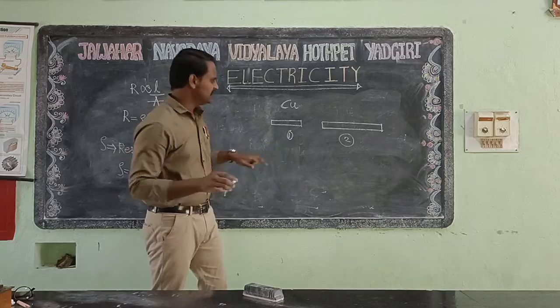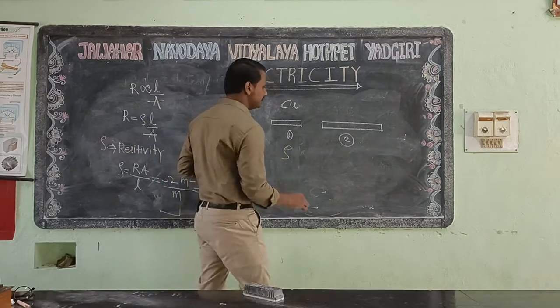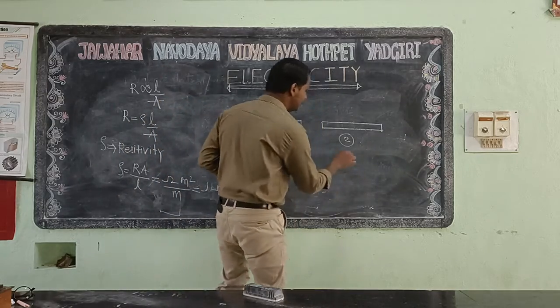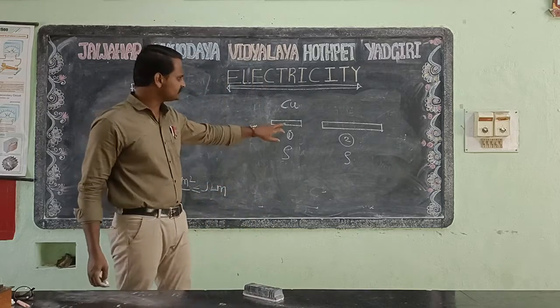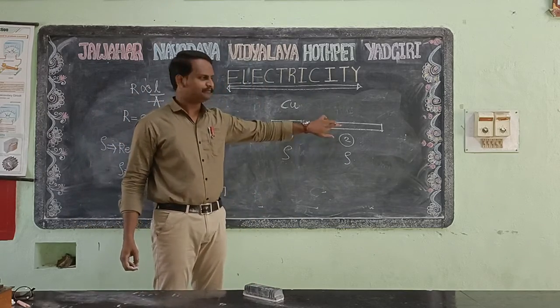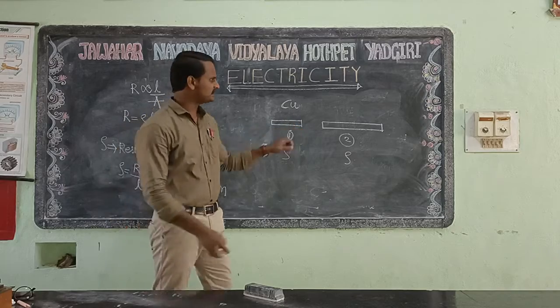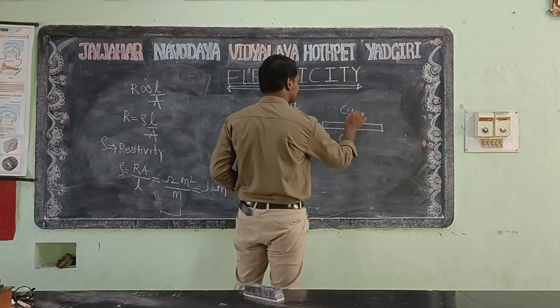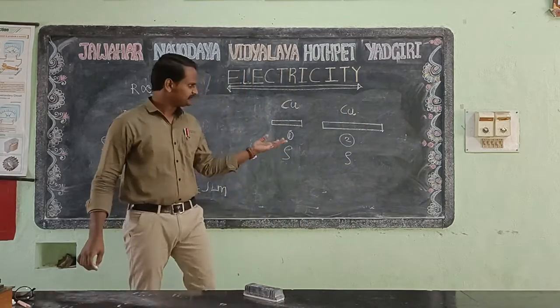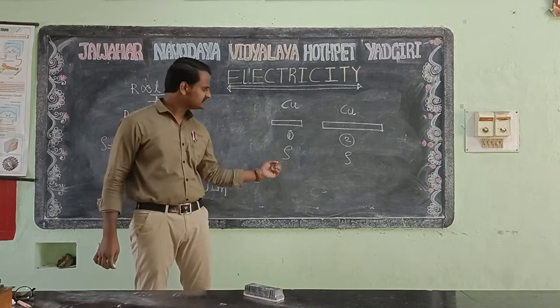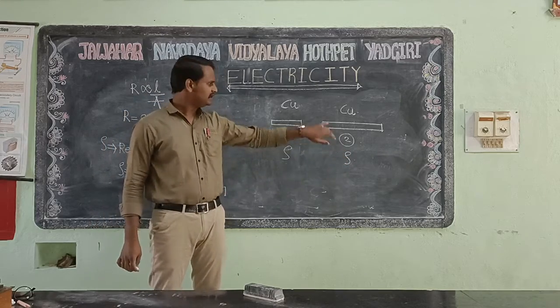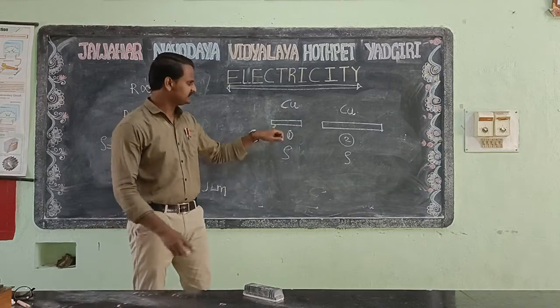In the first case, the resistivity will be the same, and in the second case also the resistivity will be the same, because the material is the same. The first is made of copper and the second is also made of copper, so they have the same resistivity.